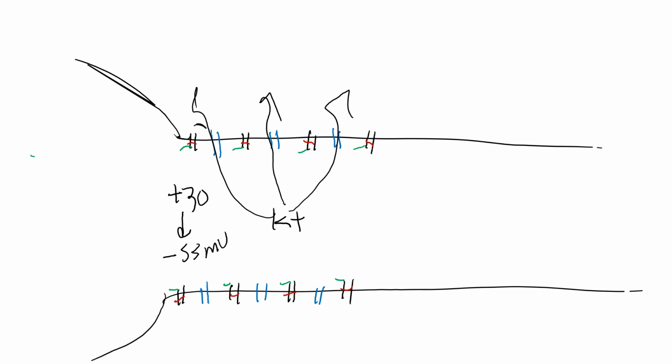They stay shut at negative 55 millivolts. They are believed to be timed, meaning that a voltage is not what's going to open them. So just because the interior gets to negative 55 millivolts during repolarization does not mean that the voltage-gated sodium channels are going to pop open again just because you've technically gotten to the threshold value.